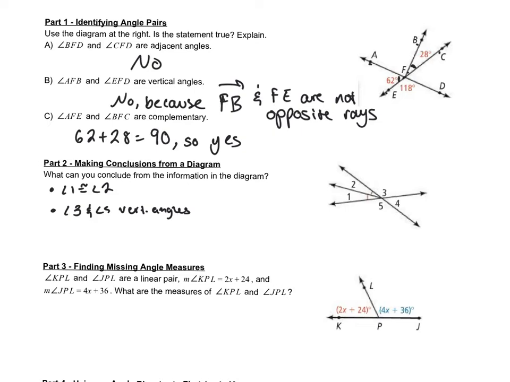And then angles 1 and 2, 2 and 3, 3 and 4, 4 and 5, and 5 and 1 are adjacent angles because they are right next to each other.